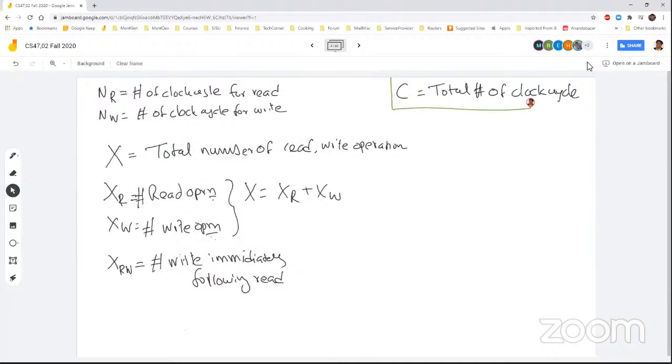So that one is practically your number of read operations multiplied by the number of cycles needed for the read, plus the number of write operations multiplied by the number of clocks needed for the write, plus now come these extra clock cycles. If nothing is given, assume one extra cycle is needed, so that will be XRW, right? So this is your cycle.